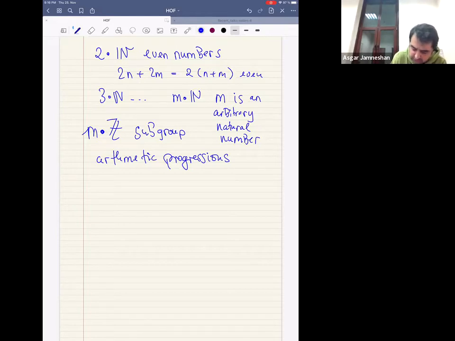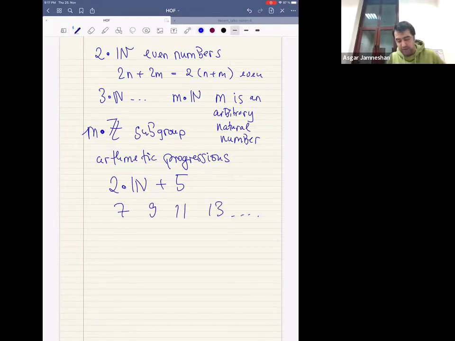We take the even numbers and we add 5 to each even number. So we start with 7, 9, 11, 13, and so on and so forth.